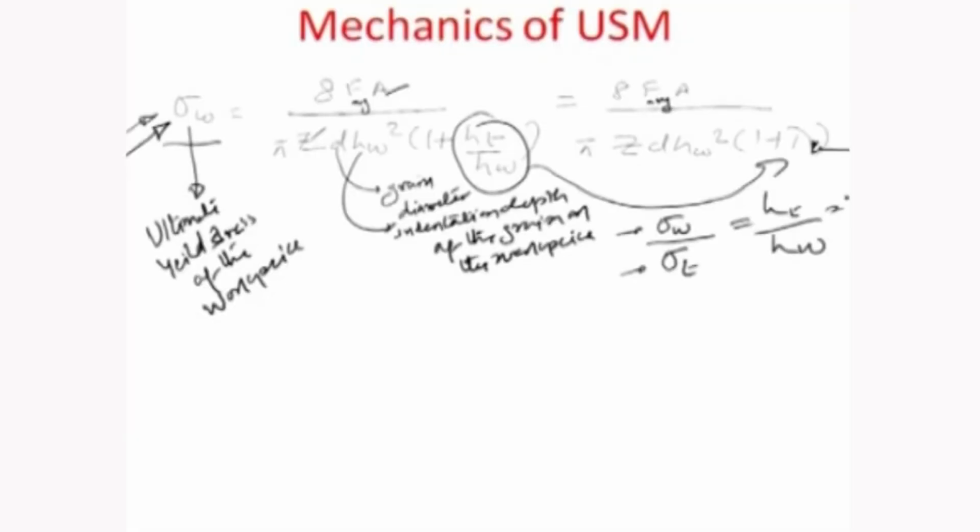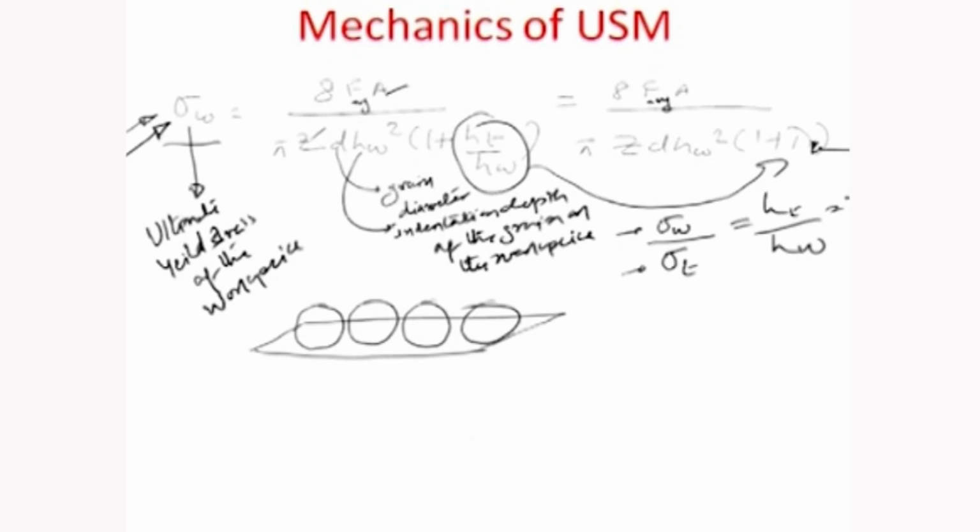So let us say that we assume the number of grains acting is inversely proportional to the square of the diameter of each grain, which is obvious because supposing there is an area like this on which you have these many grains, these are the grains on that area, and the average diameter of the grain is given by D as we have predicted before. So this diameter right here is D. So the amount of occupation of the grain area would definitely be a function of the overall area that is coming between the tool and the workpiece.